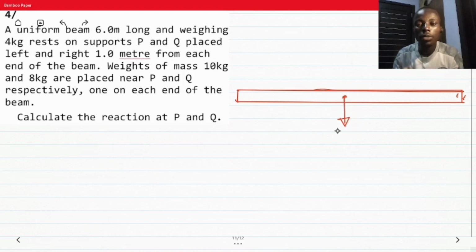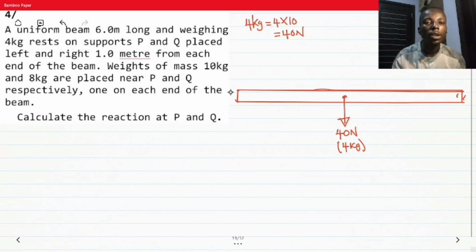We have the value, which is 40 Newton. How did I come about 40 Newton? 4 kilogram is equal to 4 times 10, which is 40 Newton.